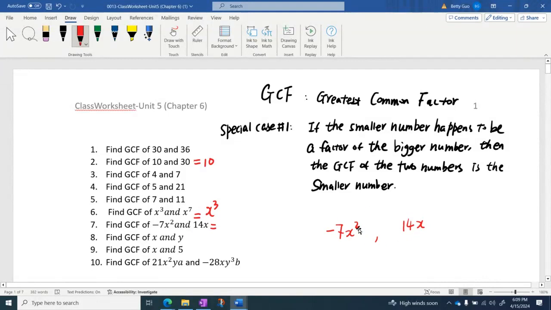Remember, when we have two monomials, we find the GCF by parts. We would look at the GCF of the coefficients first. If we have a negative, we'll just ignore it. Okay? 7 and 14. What's the GCF of 7 and 14?